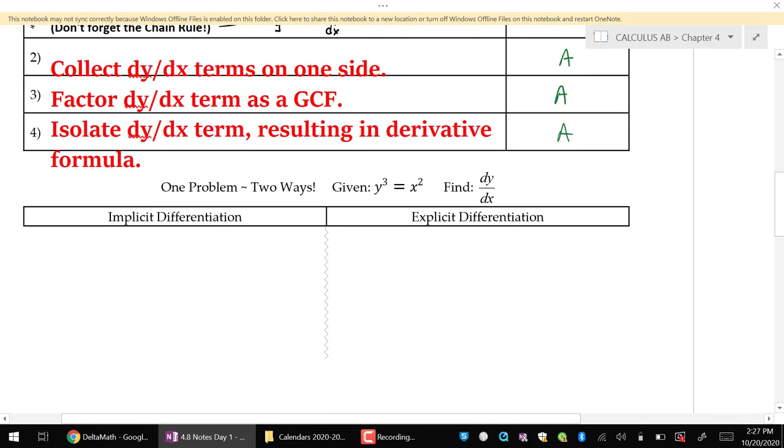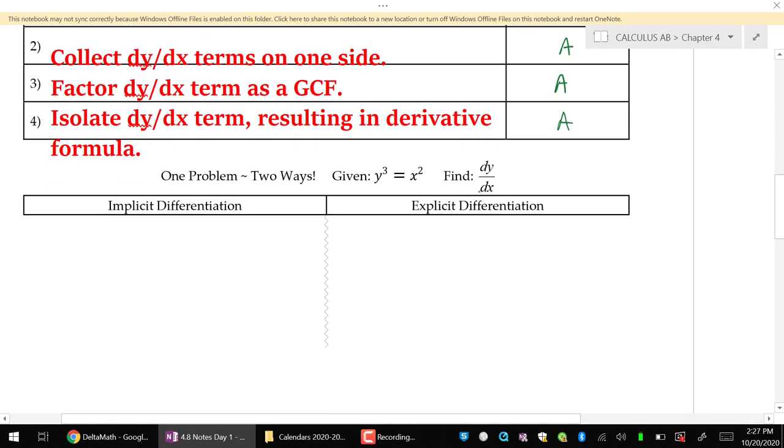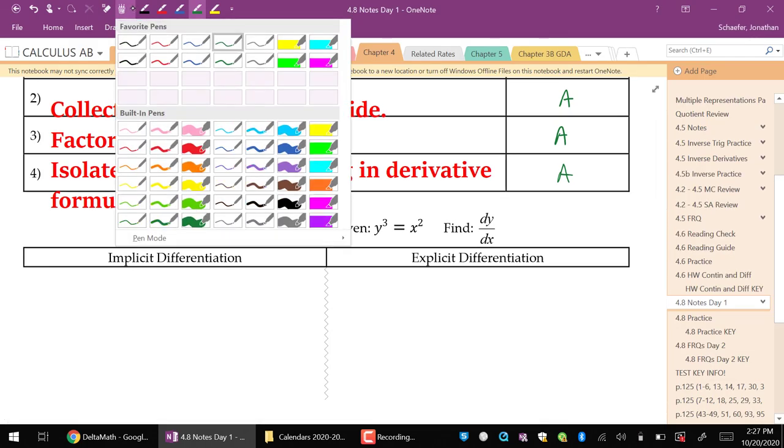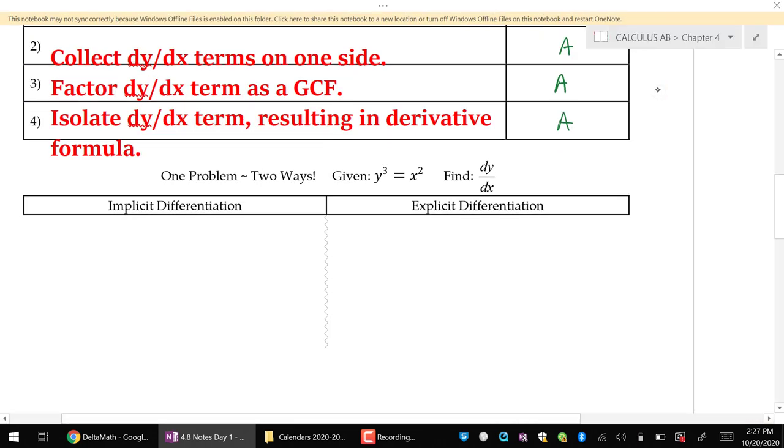So here's an example, y cubed equals x squared, and the problem says to find dy/dx. So I'm going to do this implicitly to show you how it works in this video, very basic. We're going to take the derivative of the entire expression. So 3y squared equals 2x.